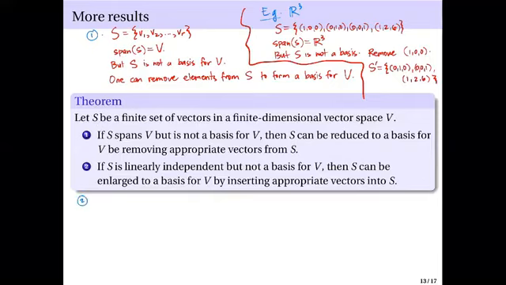For the second statement, okay, you have a linearly independent set, but not a basis for V. So you have S, V1, V2 until VR.